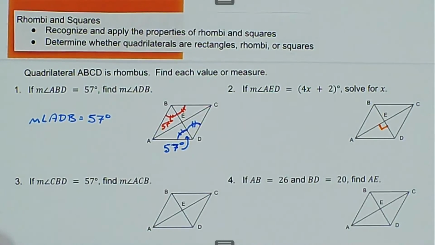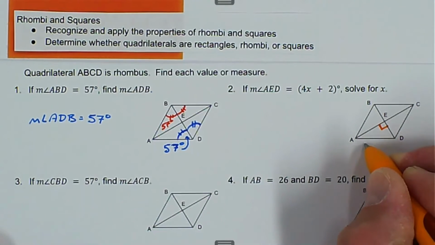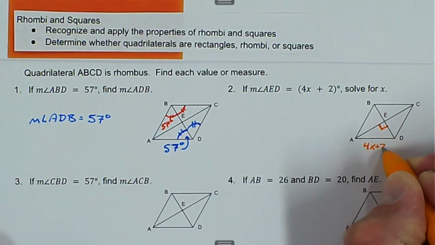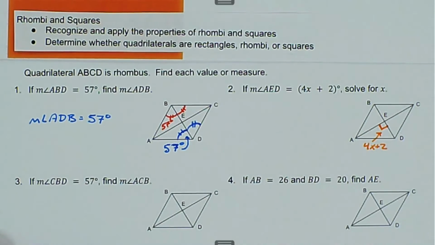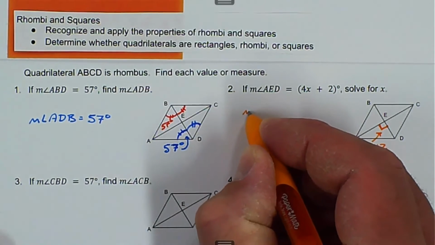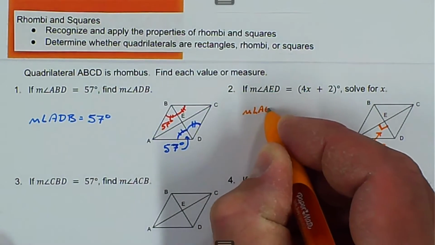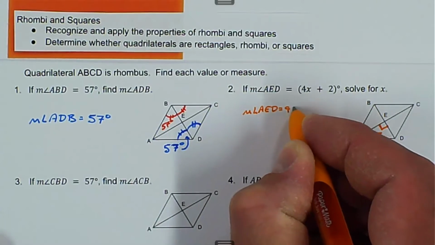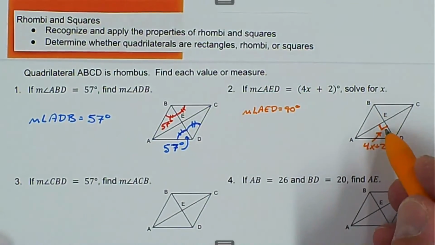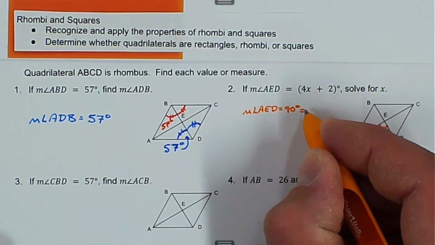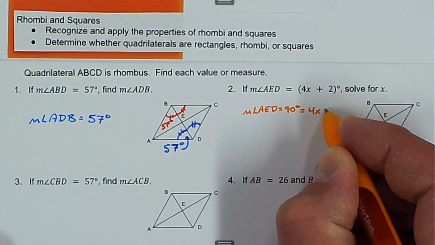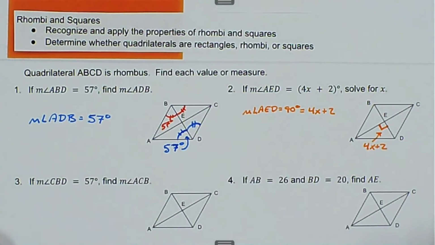And I put that mark on there specifically because not only does that represent 4x plus 2, we also know that that's 90 degrees because diagonals of a rhombus are perpendicular bisectors. So we know that the measure of angle AED is equal to 90 degrees because it's a perpendicular bisector and because it's equal to 4x plus 2.